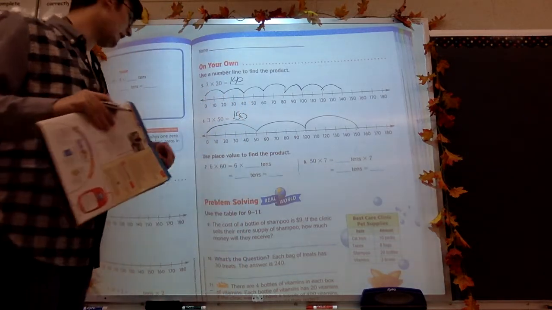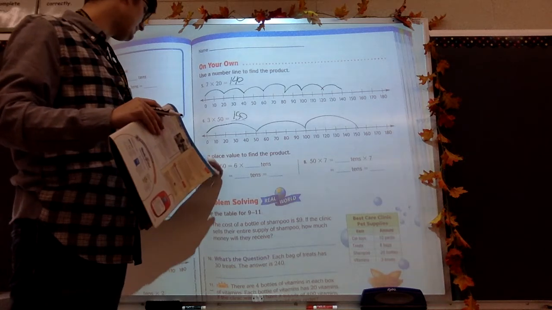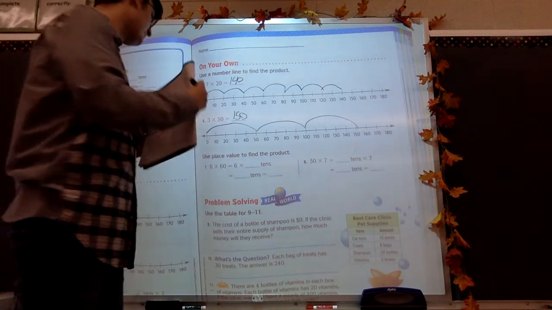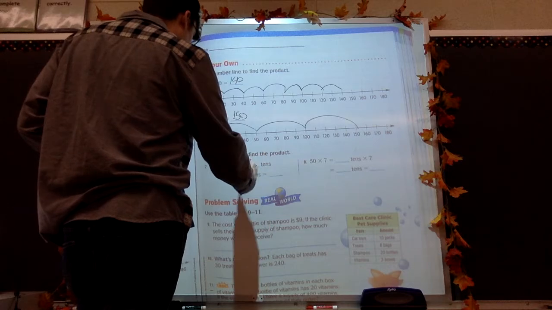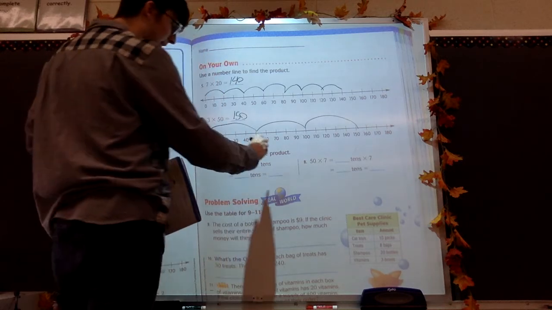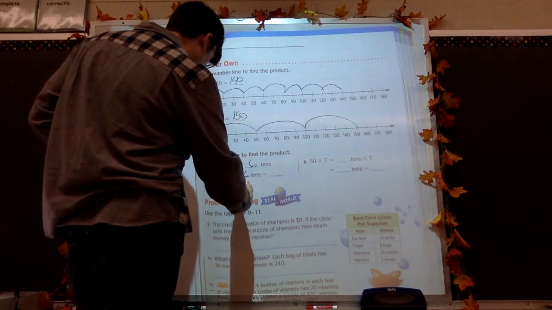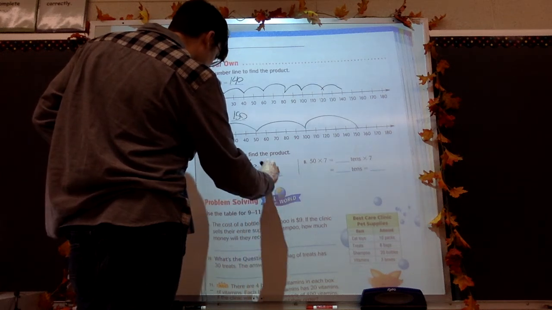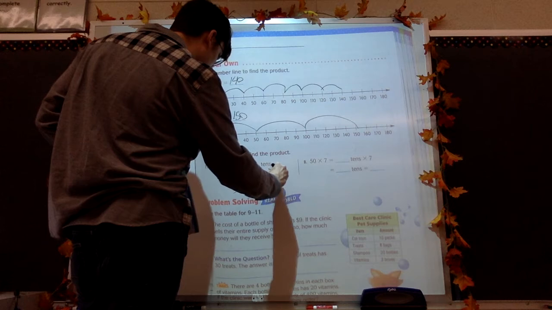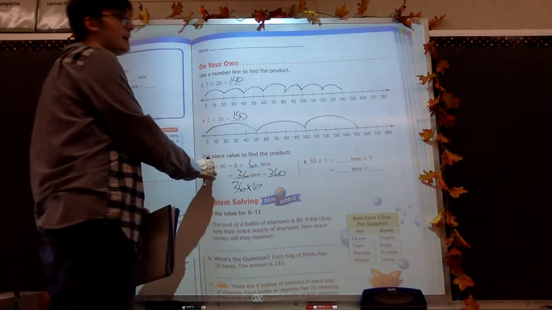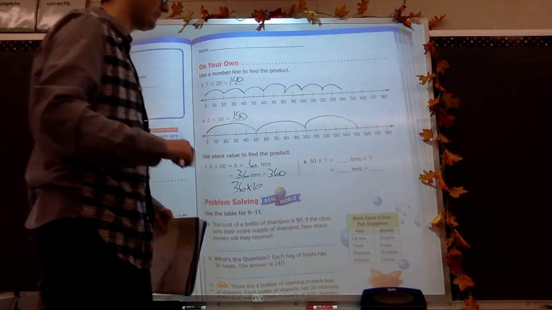Down here, using the other method, we have 6 times 60 equals 6 times 6 tens, which is 6 times 6 is 36 tens. So we have 36 times 10, which would equal 360. 6 times 60 is 360.